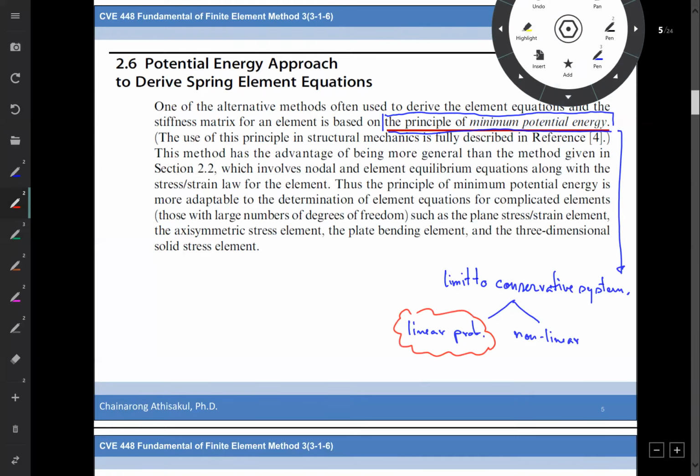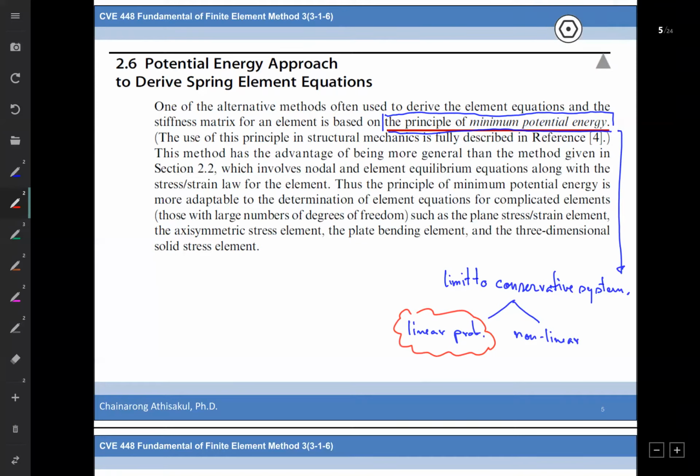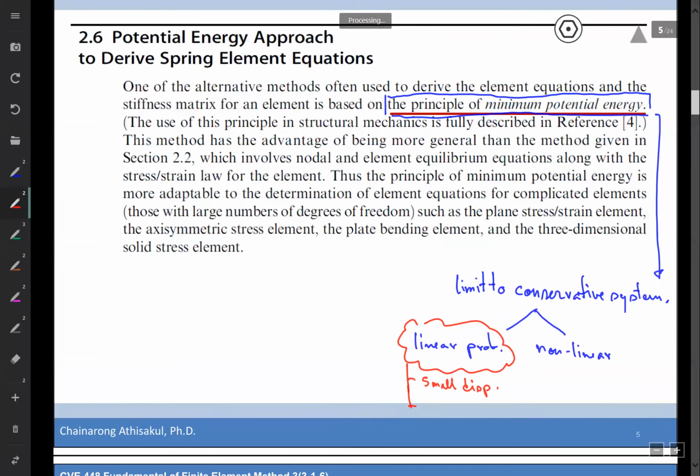Linear means we are talking about small displacement, and we are talking about linear material.